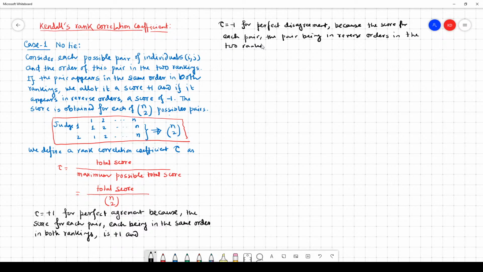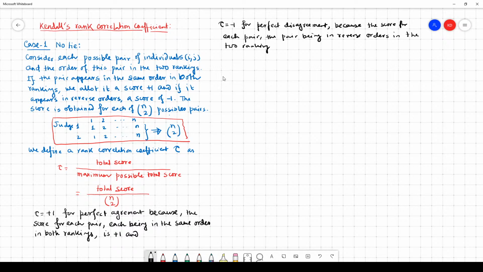So actually tau equal to +1 means for each pair we take +1. That means for each pair it is in the same order. So if tau equal to +1, there are NC2 such +1.